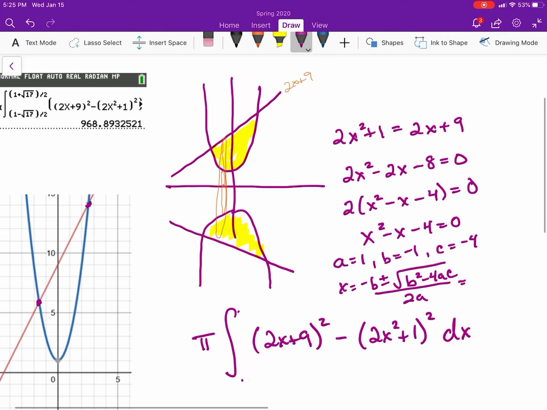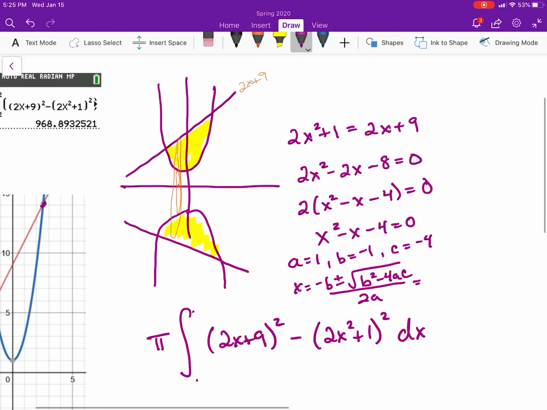So for this problem, b is -1, so the opposite of b is going to be 1. And this will be plus or minus the square root of -1 squared, which is 1, minus 4 times 1 times -4. So that's going to be 1 plus 16, so that's going to be 17 in there. And then divided by 2a, which is 2 times 1, so you're just going to have 2.